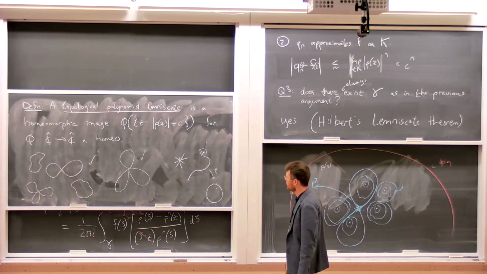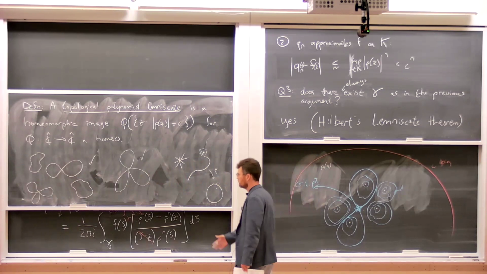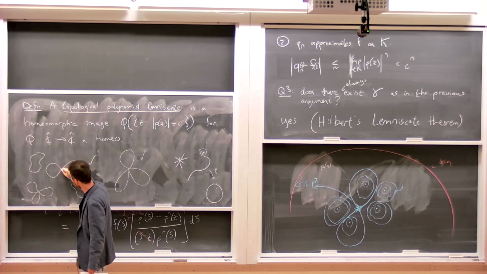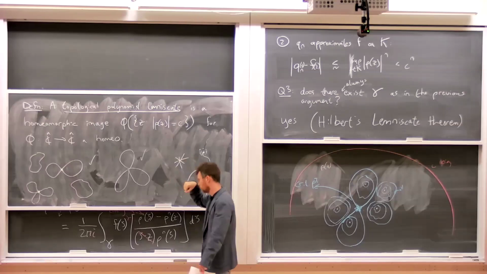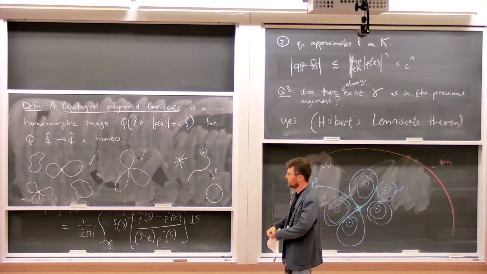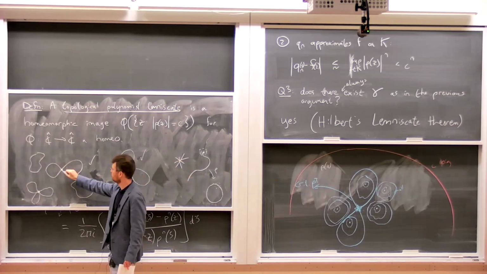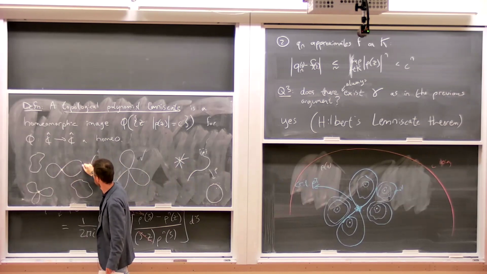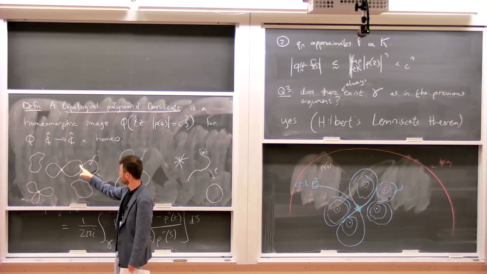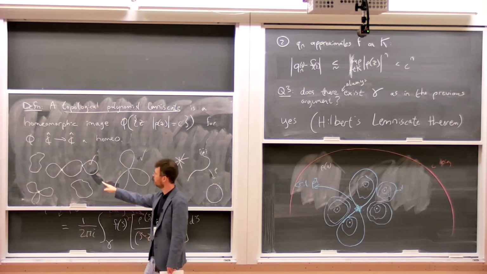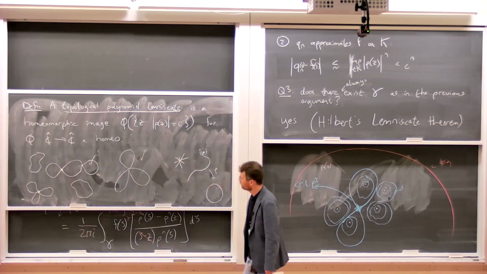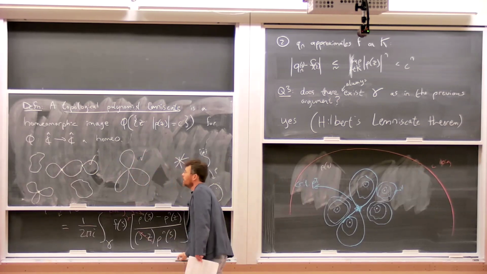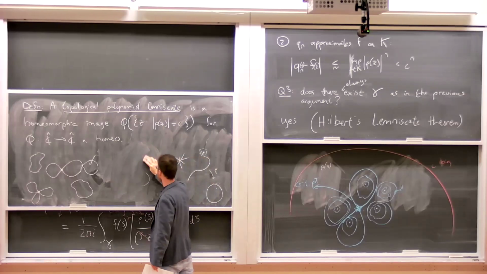I'll say it in words, since it's cumbersome to write down: you have a set such that there are finitely many points, the vertices, so that if you remove those vertices, you're left with finitely many components, each of which is either a Jordan curve, like this one, or an arc connecting two distinct vertices, or an arc connecting a vertex to itself.